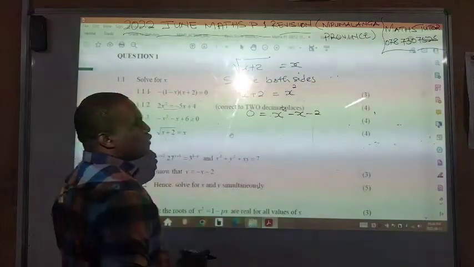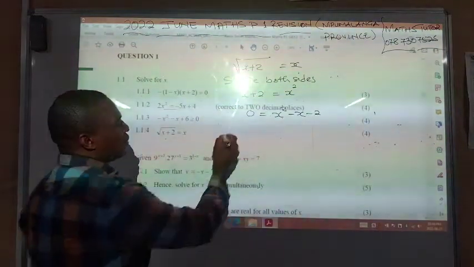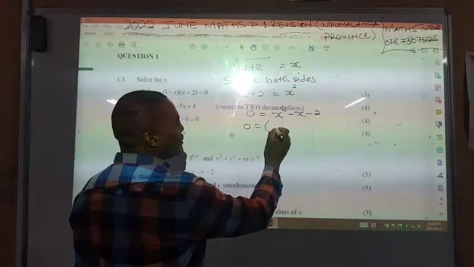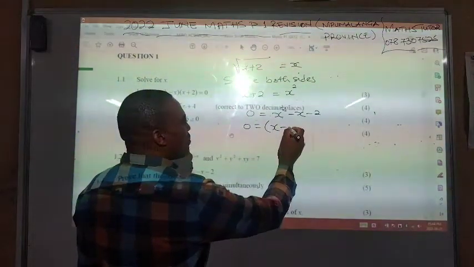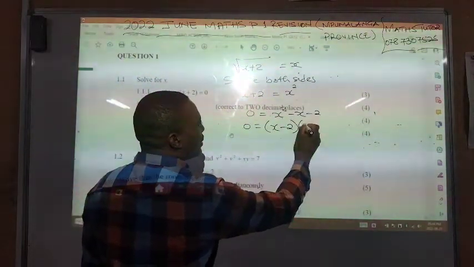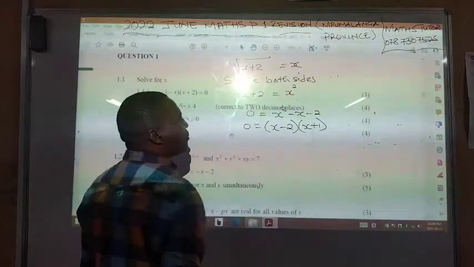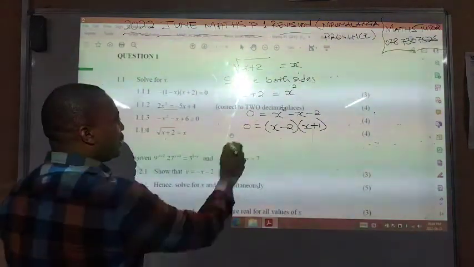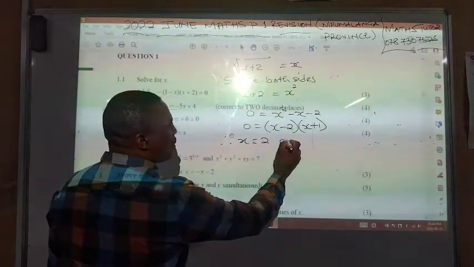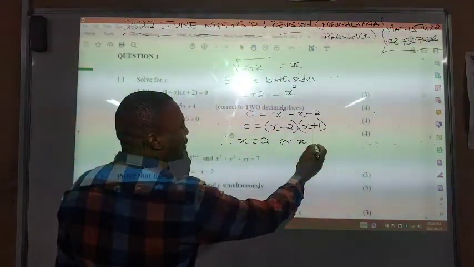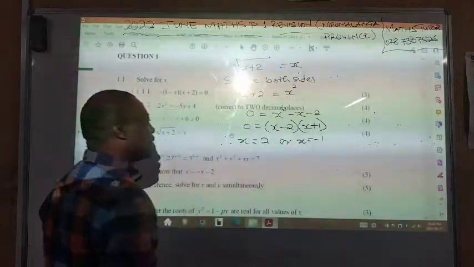Now, factorizing this, that will be 0 is equal to x minus 2 into x plus 1. And then, therefore, x will be equal to 2, or x will be equal to -1.